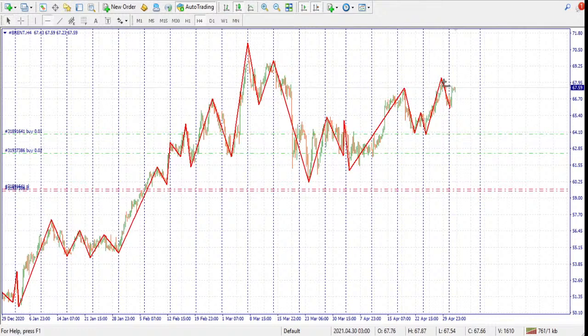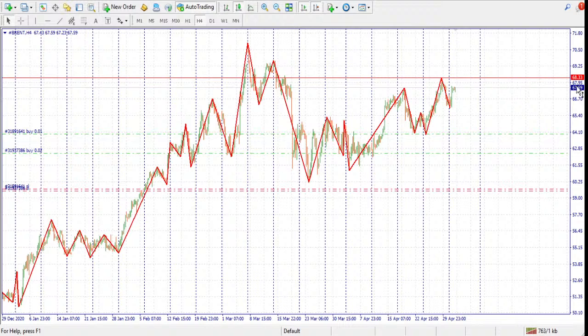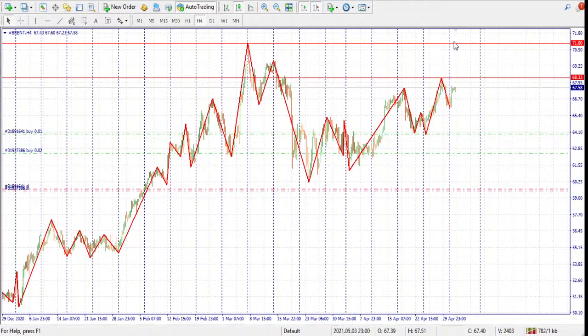We want to see a clear break above 68.33. This is the latest highest high. We'd like to see price ascend beyond it, retrace back before we can continue to the upper side, at least up to this point. So the price should continue up, pull back, and then continue even higher up to 71.00. And in case the price goes above this level, then we are likely to see price continue even higher.